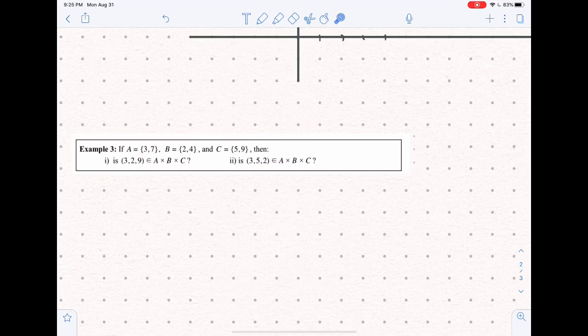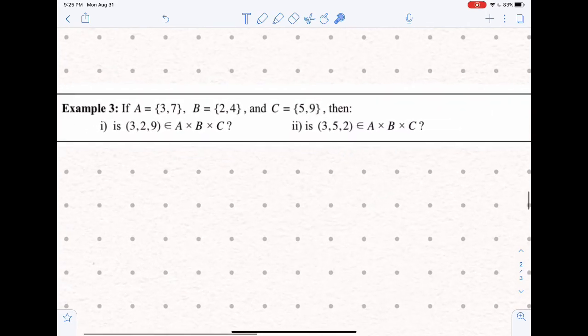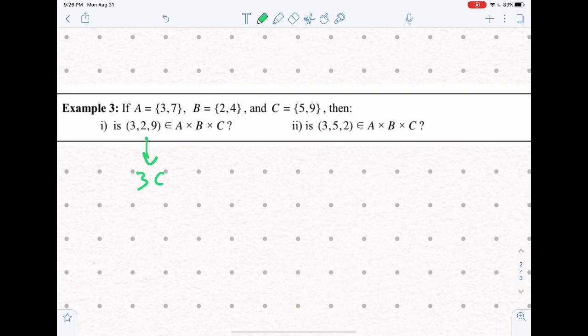Okay, is (3, 2, 9), that's an ordered triple. So it's in round parentheses, and the things inside are put in a particular order. They're separated by commas. Is that in A times B times C? Well, in order to check that, what we need to verify is that in this ordered triple, the first thing is an element of A. So is 3 an element of A? If we look at A, 3 is in there. So that's good. Check.